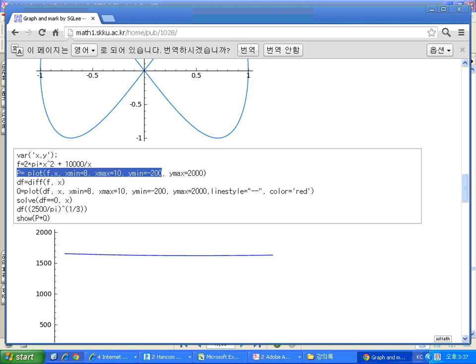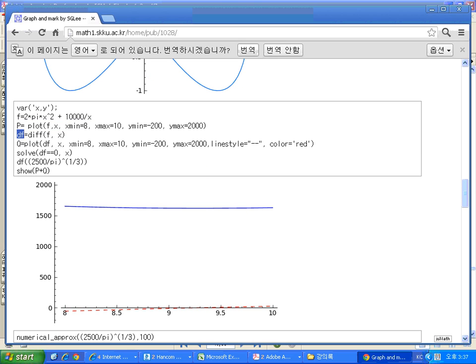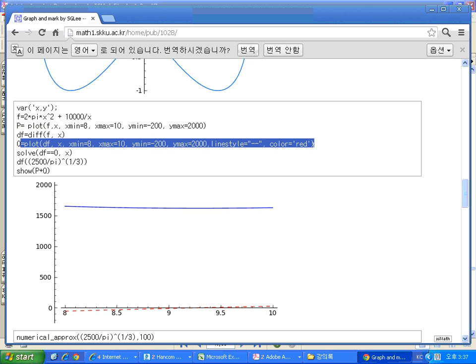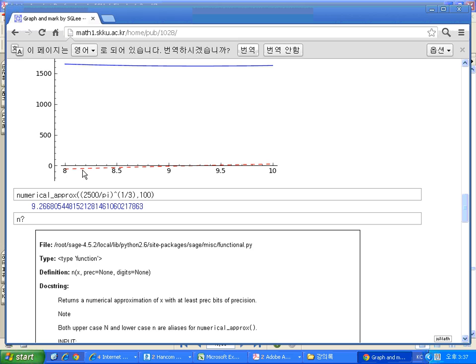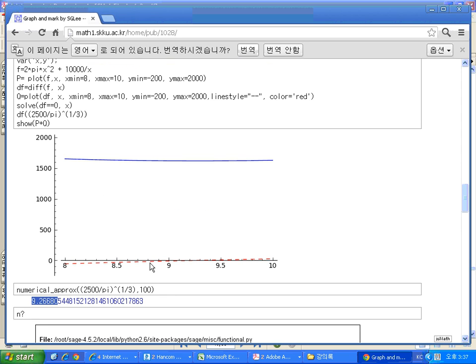Then we plot p like this, and find the derivative the same way, and draw the graph q, which is the first derivative, and solve the first derivative to find the critical point. So the critical point comes up like this, and this numerical value gives us 9.2668, which is this point, the critical point.